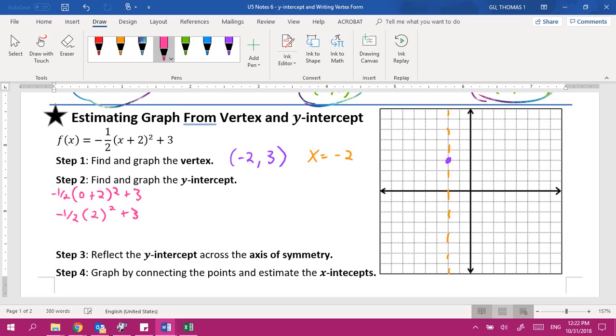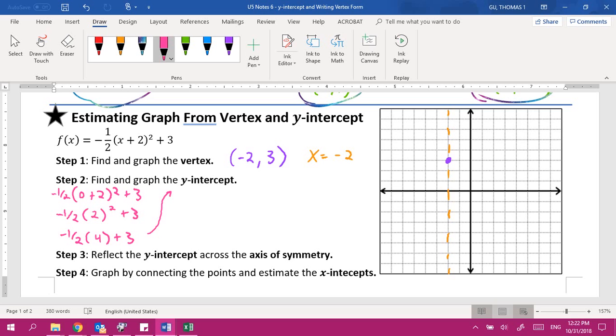Then we're going to square inside the parentheses. So we got negative 1/2 times 4 plus 3. All right, now real quick, some of you guys will just be able to do negative 1/2 times 4 and you'll know the answer. But for those who don't like multiplying fractions, if you have 1 over a number like this, that's the same thing as just dividing by that number on the bottom.